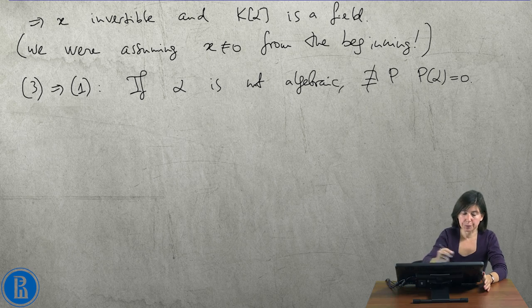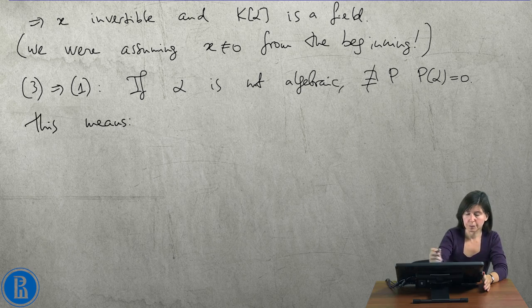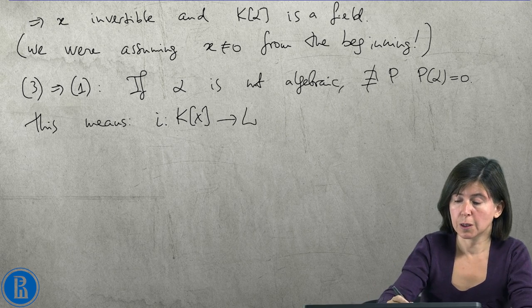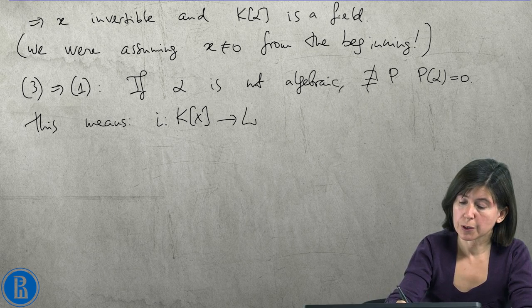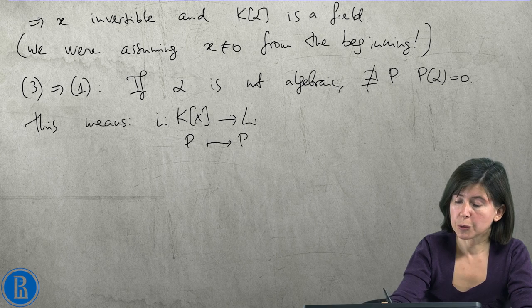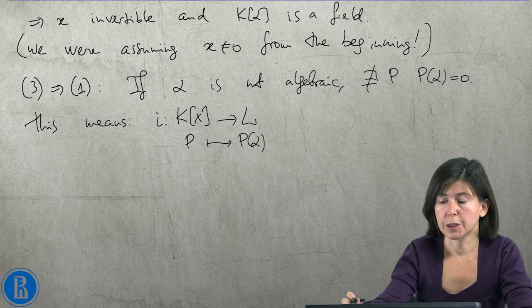But what does this mean? This means that the natural homomorphism, let me call it i, from K[x] to L, which sends p to p of alpha, is injective.